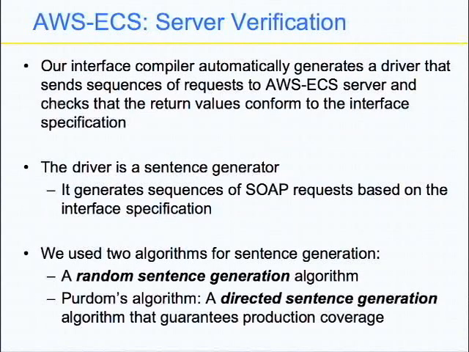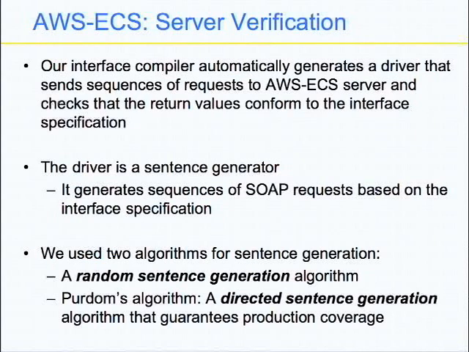Server-side verification, I'm running out of time, I think, was checking the Amazon service implementation that's out there, with respect to our interface grammar, basically our understanding of the interface. To do that, rather than parsing the method calls or the SOAP requests, we are actually generating sequences of calls based on the grammar.